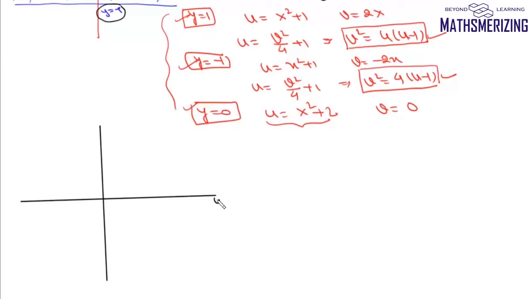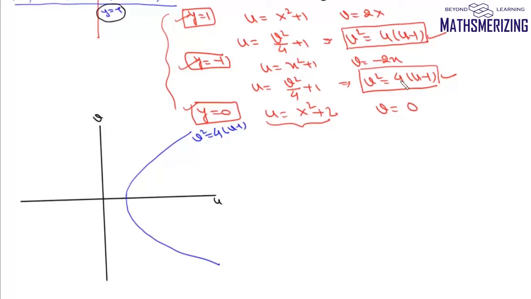Now this is u and this is v. This is of the form y square equals 4ax, so it represents a parabola opening rightwards and shifted 1 unit to the right. So we can draw this parabola as v square equals 4 into (u minus 1).